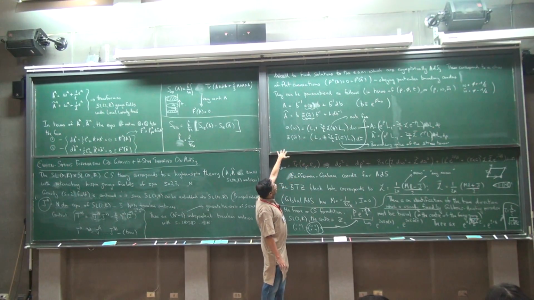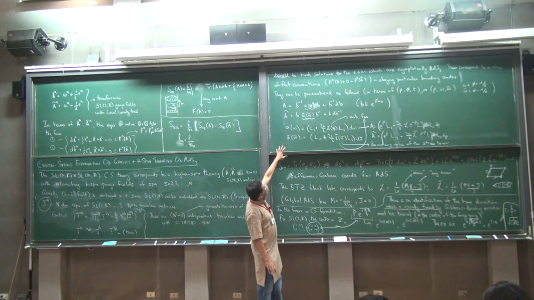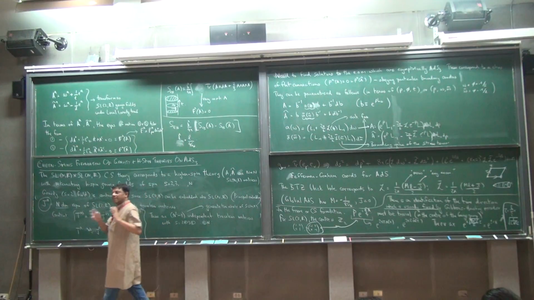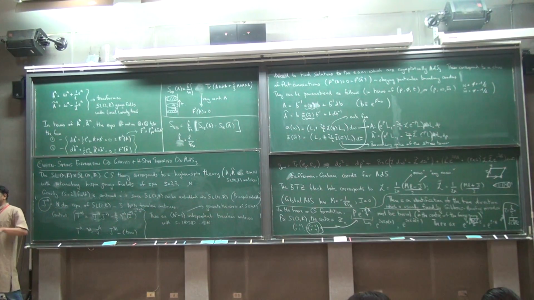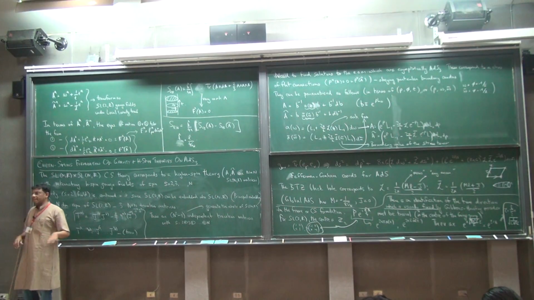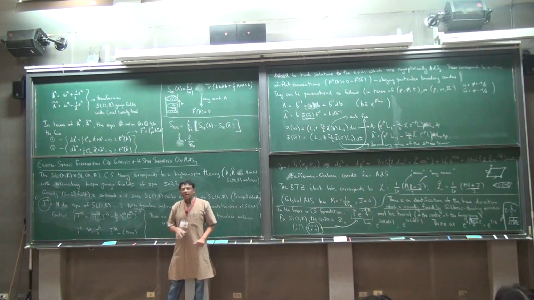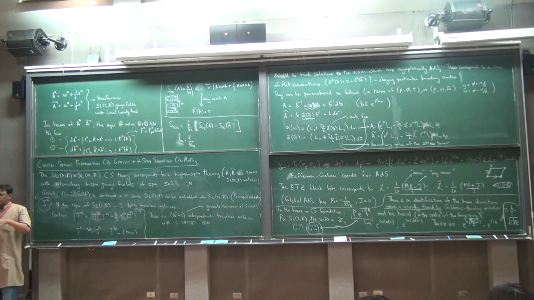In general, I don't know about the deeper significance of it, but this is just a convenient way in which you can write down all the solutions of the flat connections with this boundary. But some deeper significance of that, I'm not sure if that's what you are asking.